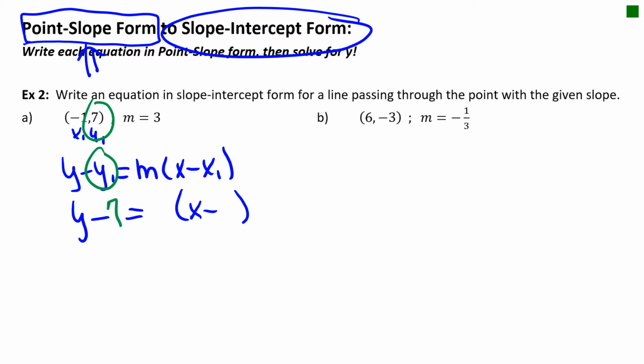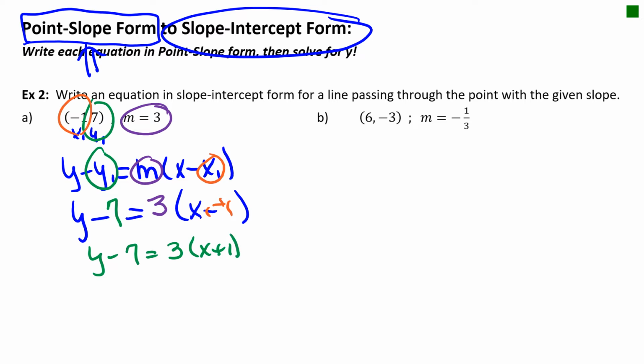y1, 7. Slope, 3. x sub 1, negative 1. So I'm sitting here now: y minus 7 equals 3 times x plus 1. Slope-intercept form: y equals mx plus b. What does this tell you right here?